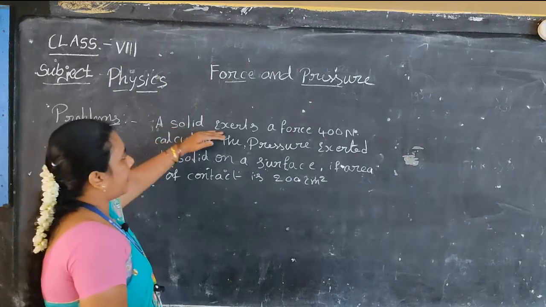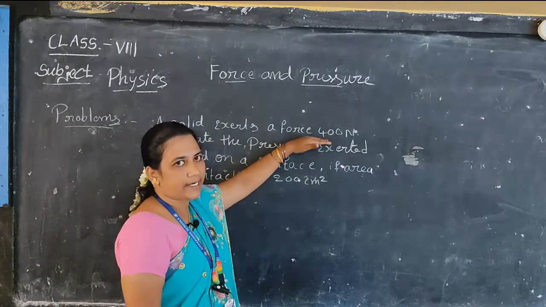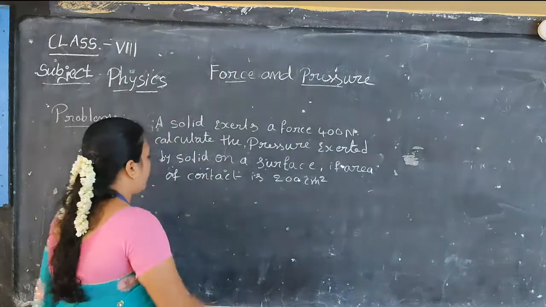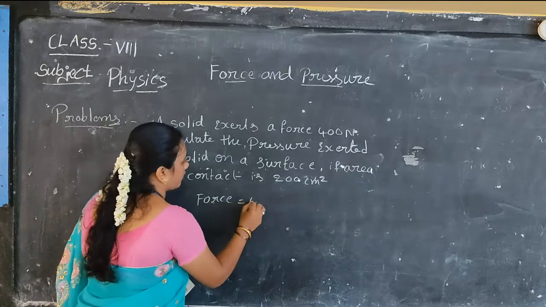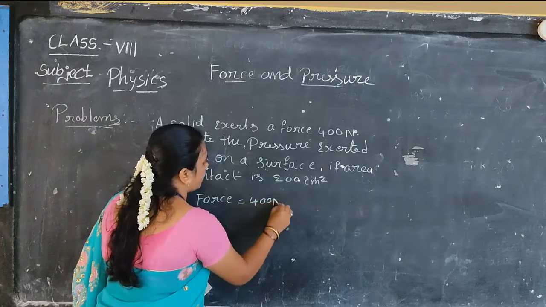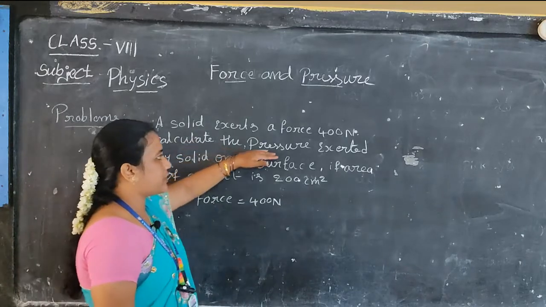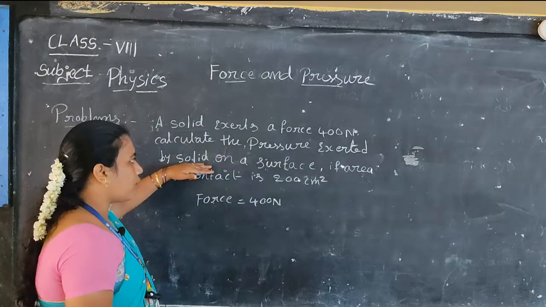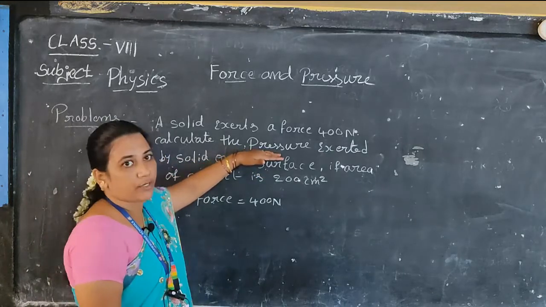A solid exerts a force of 400 newtons. So force is equal to 400 newtons. Then calculate the pressure exerted by the solid on a surface. What do we want to calculate? We want to calculate pressure.